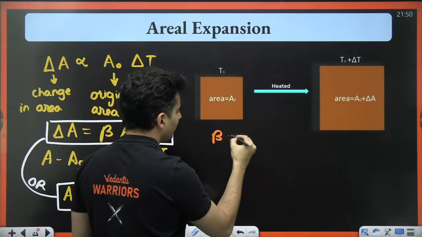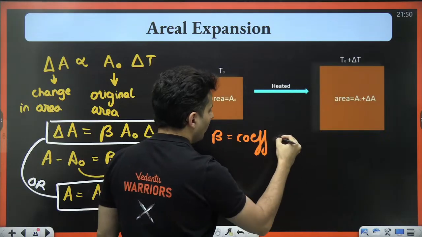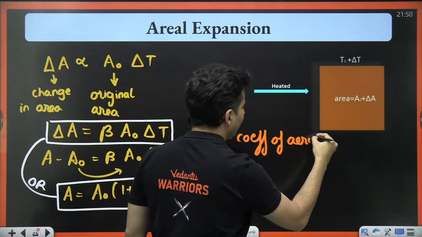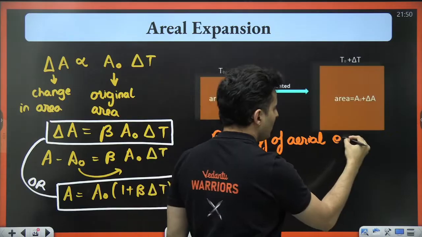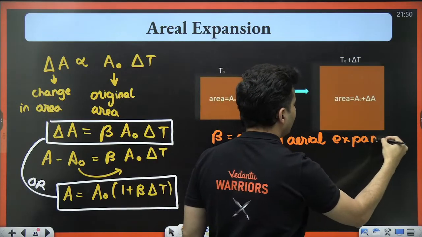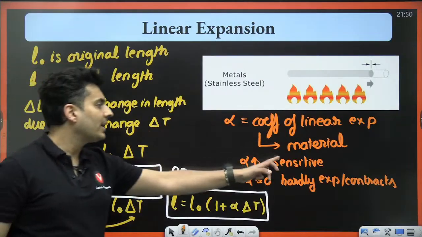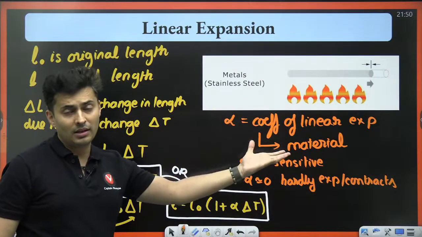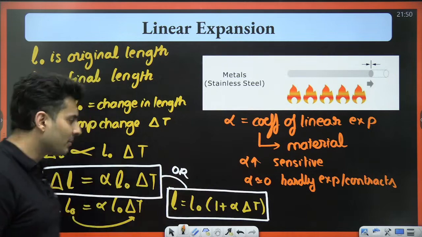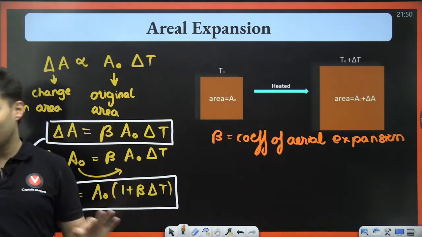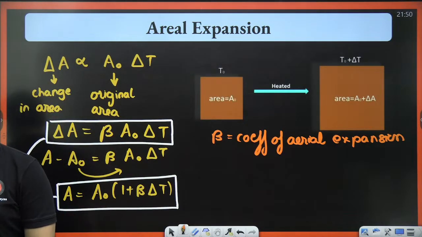Beta is called the coefficient of areal expansion. Just like before, it also depends on the material. If it is zero, it hardly will expand. So that is areal expansion, with very similar looking formulas.